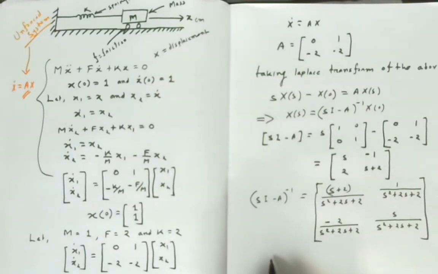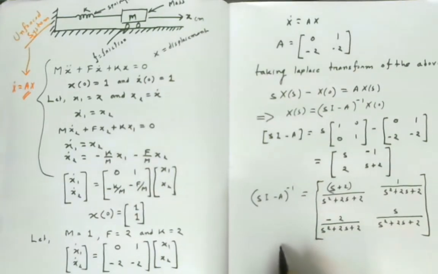So now your equation X(s), this is (sI minus A) inverse.